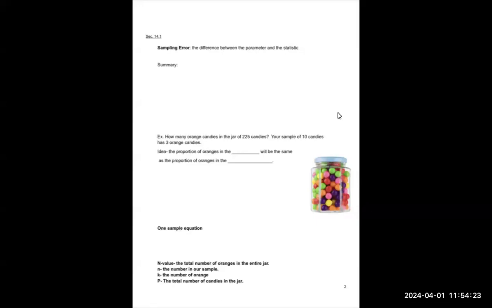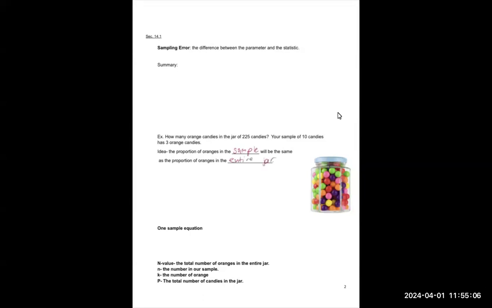So the idea behind solving this problem is that the proportion of oranges in the sample, a proportion being the fraction of oranges in the sample, is going to be equal to the fraction of oranges in the entire jar. So let's put this in. The proportion in the sample will be the same as the proportion in the entire jar.